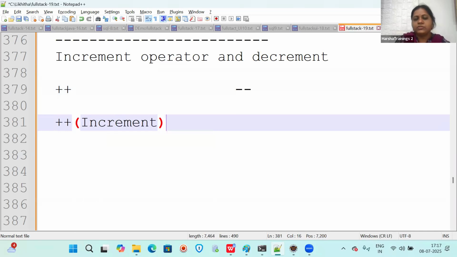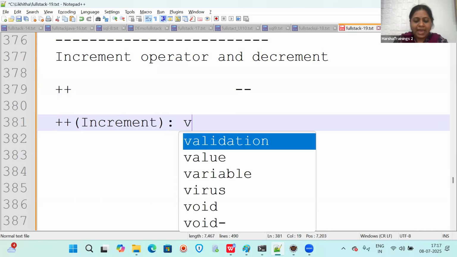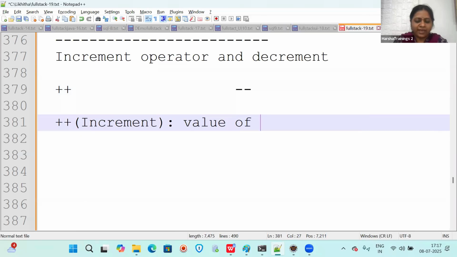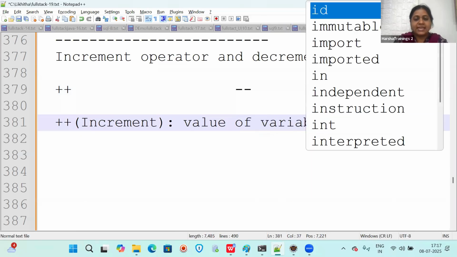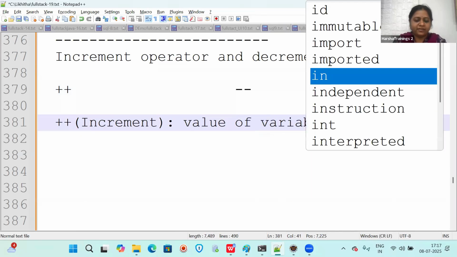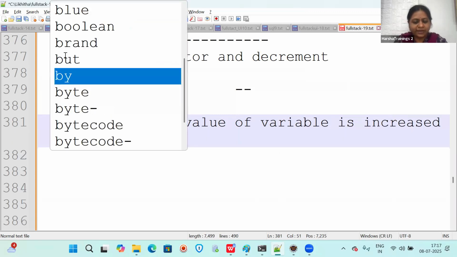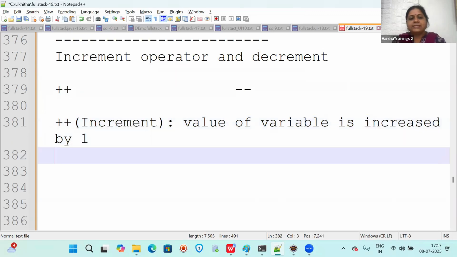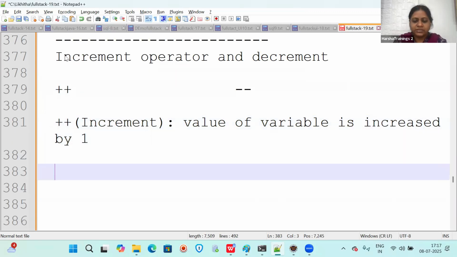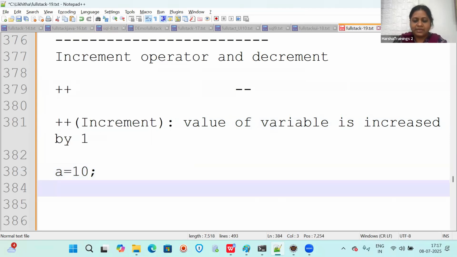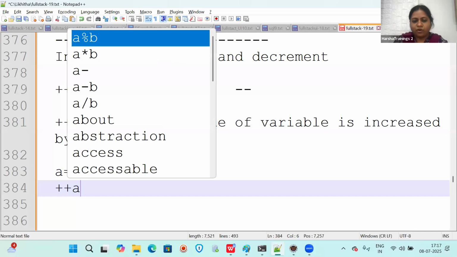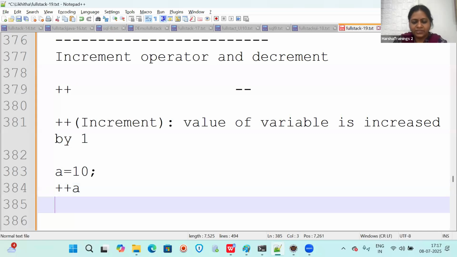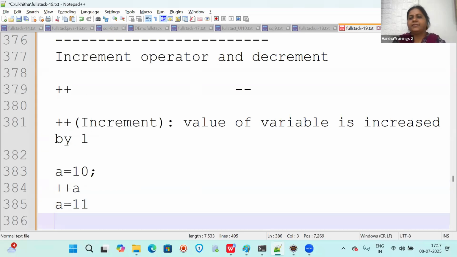Whenever you are using the plus plus, the value of the variable is increased by 1. The value of the variable is increased by what? 1. Suppose you are writing a is equal to 10, when you are using plus plus a, the value of a will become how much? 11.